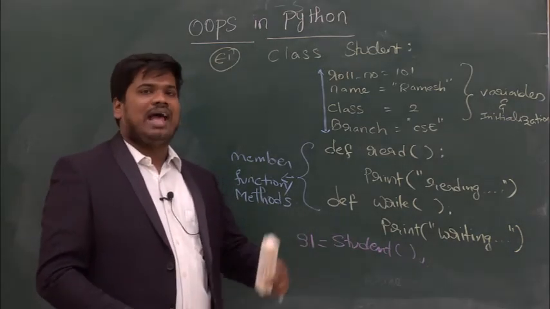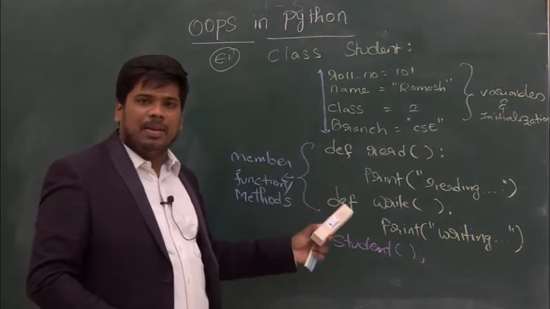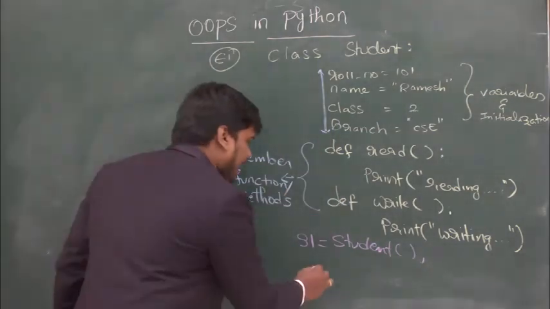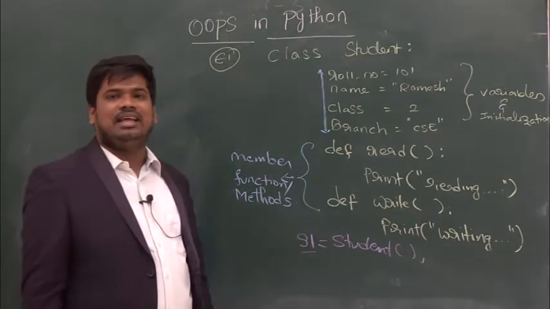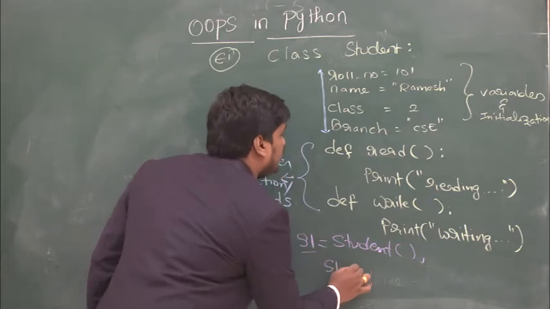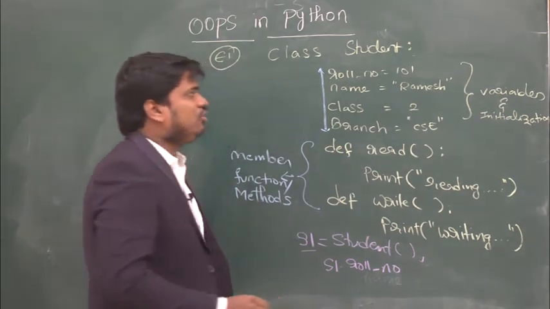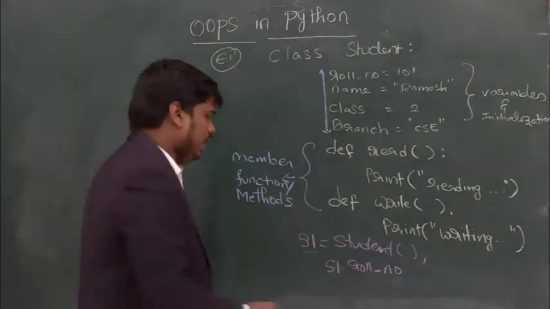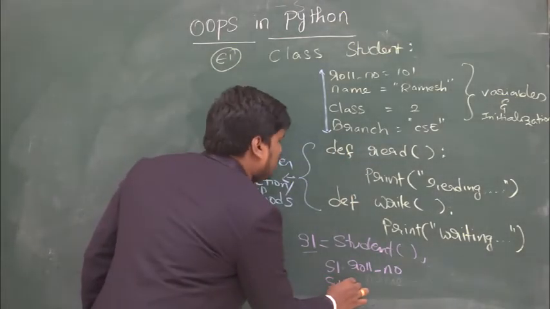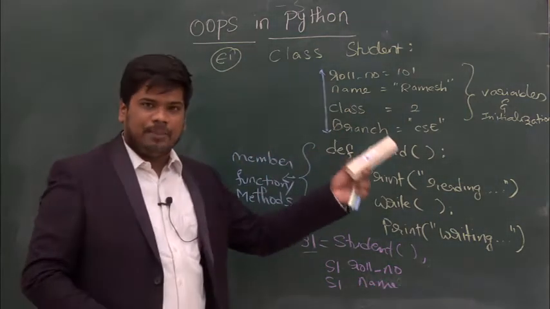Now how to access this? In order to access variables or member functions, I have to use my object as a reference. So s1.roll_number will give me the answer 101, and s1.name will give me the answer Ramesh.